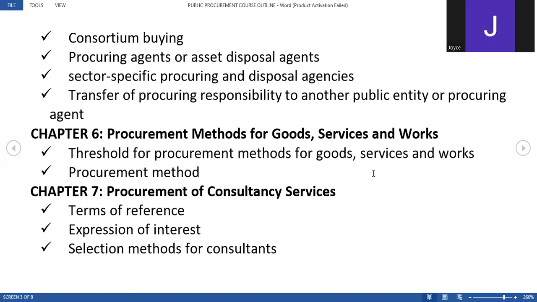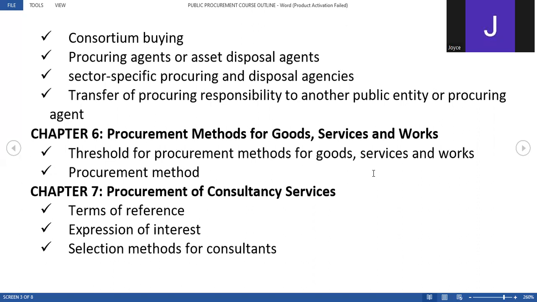And within the expression of interest, the consultants must affirm that indeed they are interested by filling the expression of interest and submitting the same to the procuring entity before they are given the document, which is known as the Procurement of Consultancy Service Document, or normally referred to as RFP, Request for Proposal.